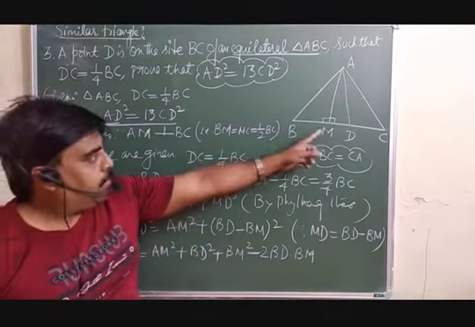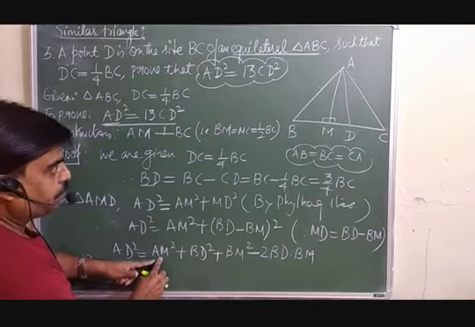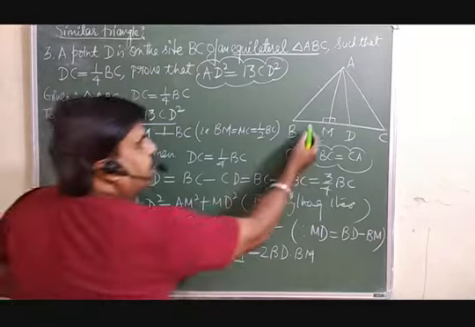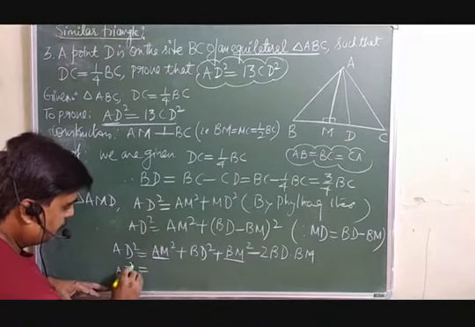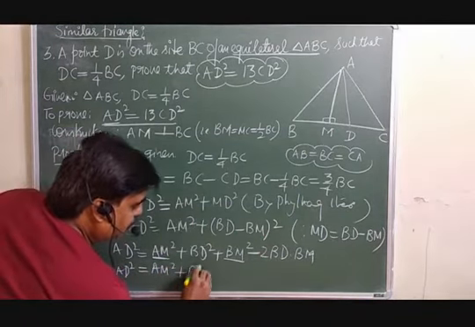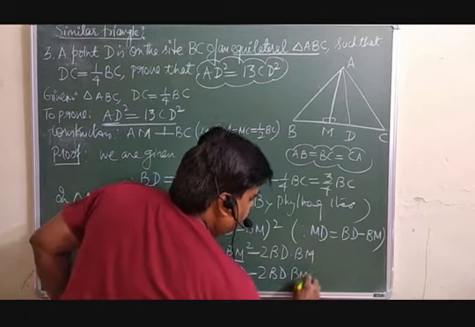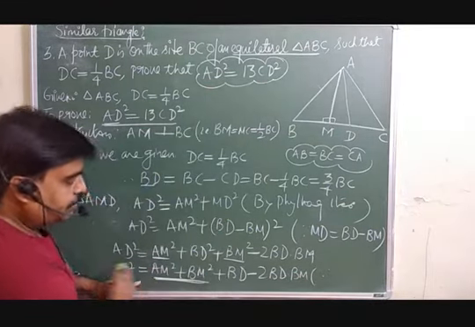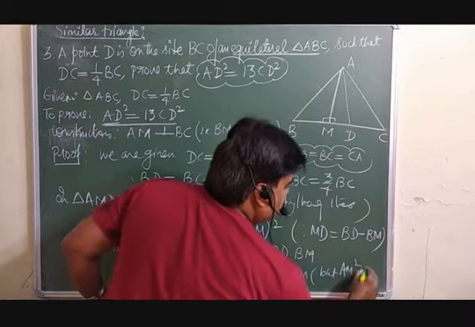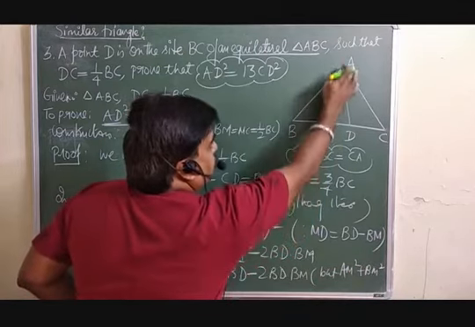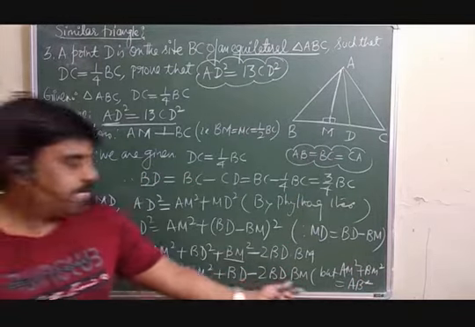Now write together AM square plus BM square plus BD square minus 2 BD into BM. Because this is a right angle triangle, AM square plus BM square is equal to AB square. So in place of AM square plus BM square, we can write AB square.